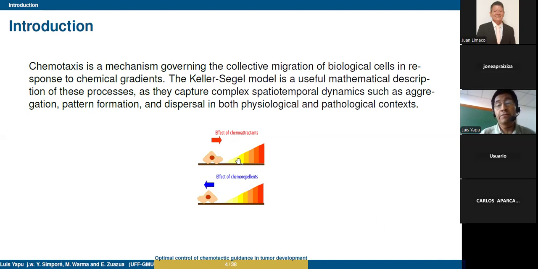So depending on the gradient of the density of the chemical, we have that property. So this is chemotaxis, and the Keller-Segel model is, let's say, the most important model for that phenomenon.